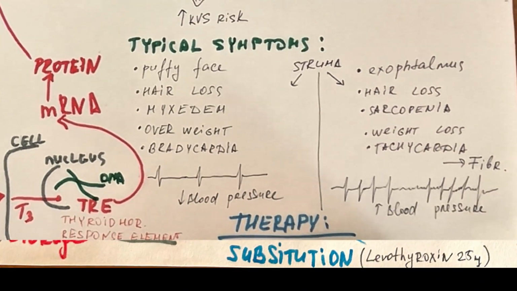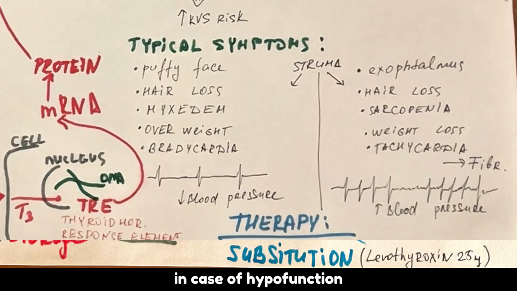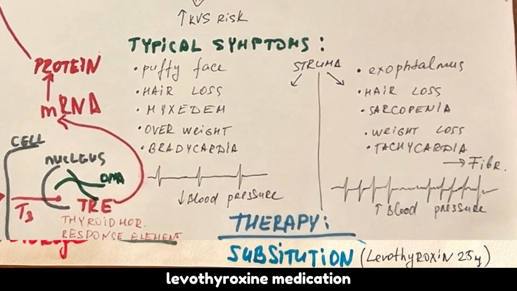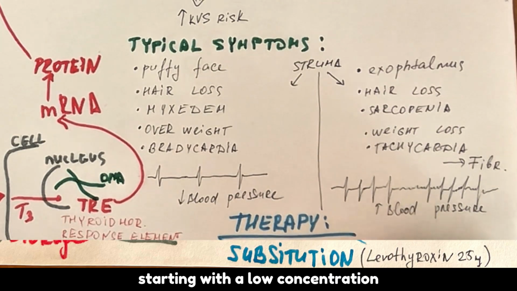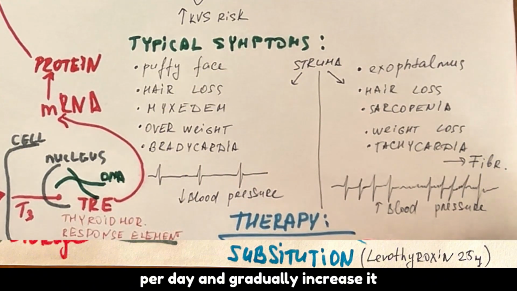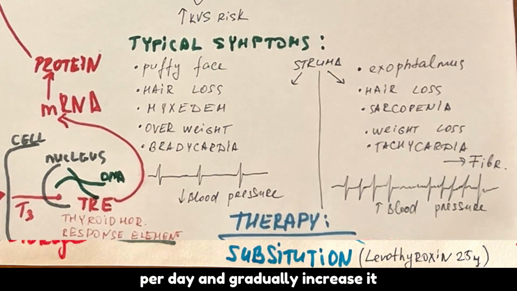Therapy. In case of hypofunction and lower concentration of peripheral hormones, it's very important to provide appropriate substitution. This can be done with levothyroxine medication, starting with a low dose, for example, 25 micrograms per day, and gradually increasing it.